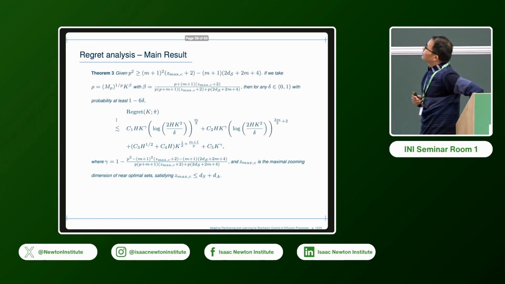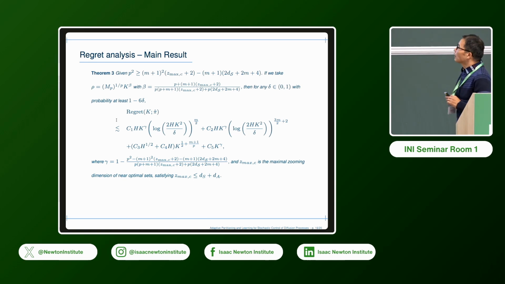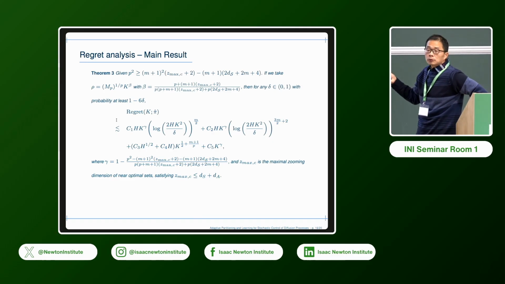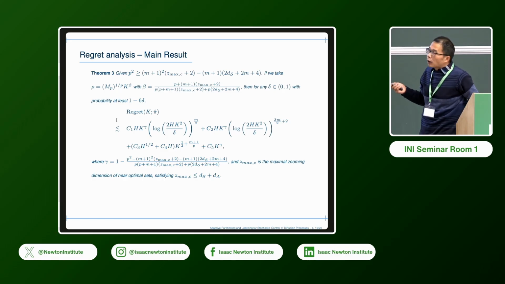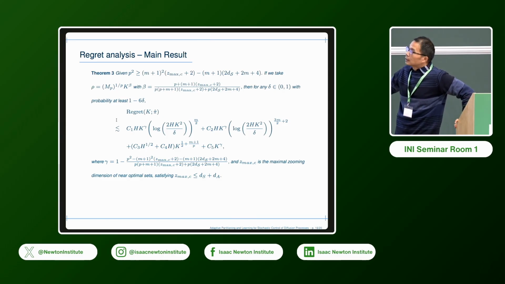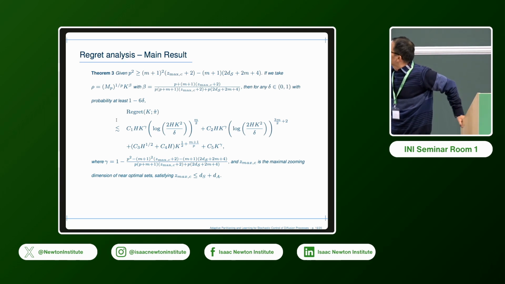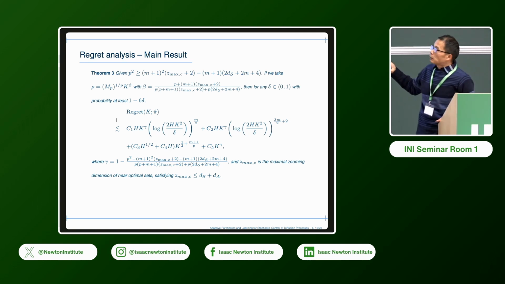And then we have this main result, which says if our initial distribution is good enough, that is to say, this P satisfies this condition, which is quite mild, not that strong, then we can take the size of our big ball, this rho, to be k to some power beta. This beta is definitely smaller than 1.